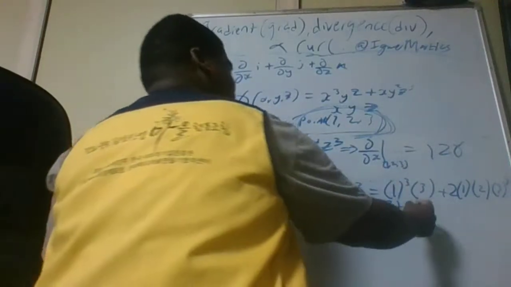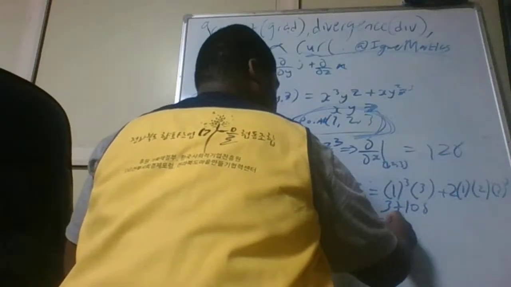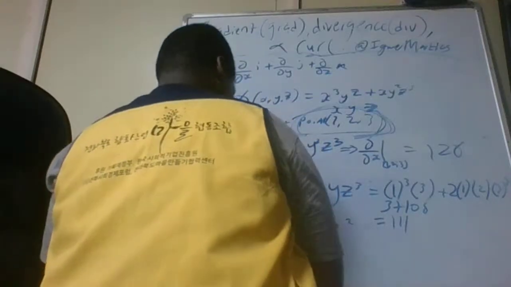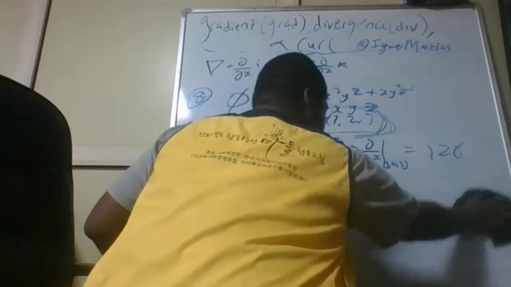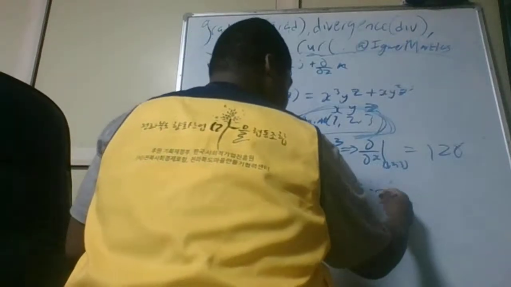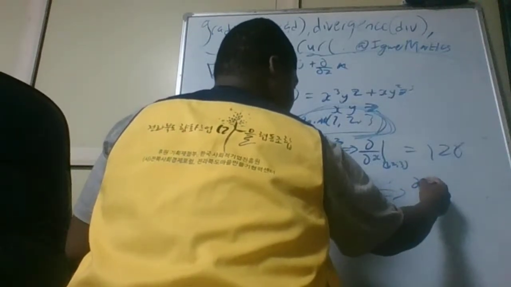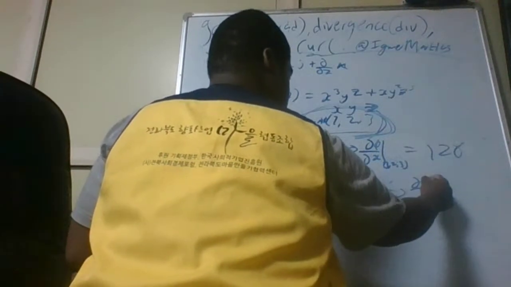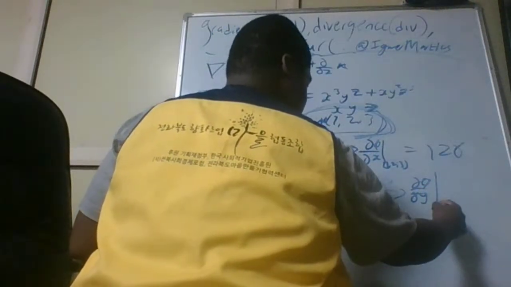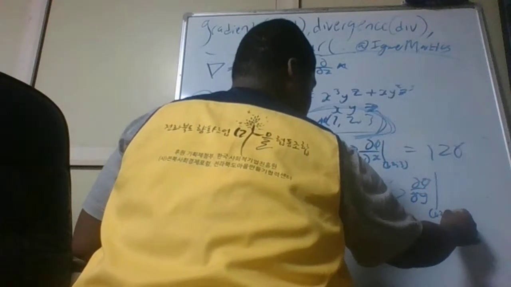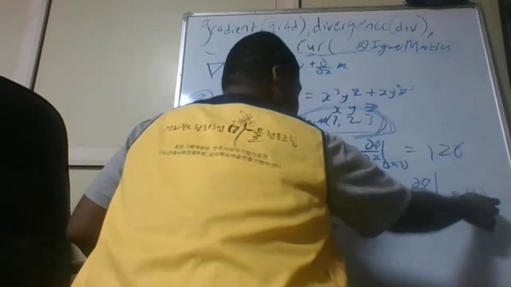That is 108, which is all equal to 111. So I can clean all this up and just write that the partial derivative of phi with respect to y at the point 1, 2, 3 is equal to 111.